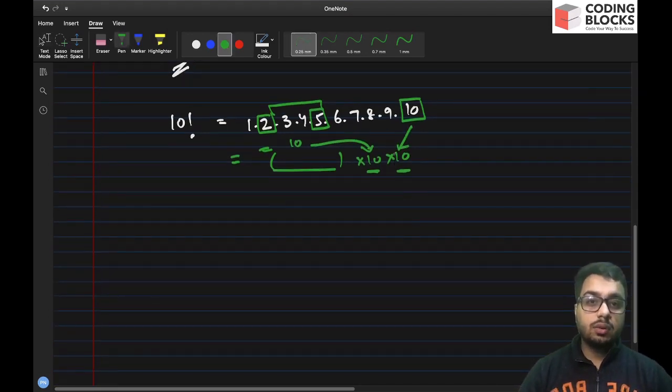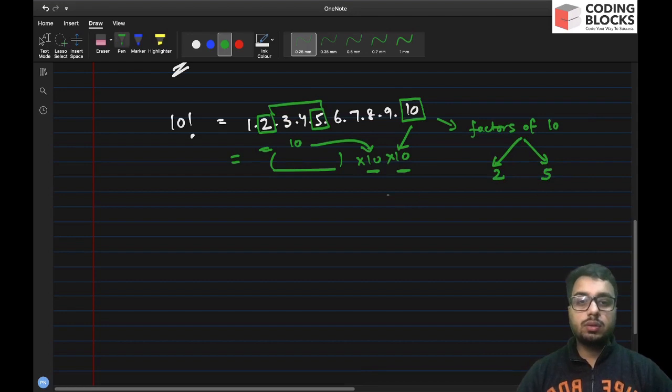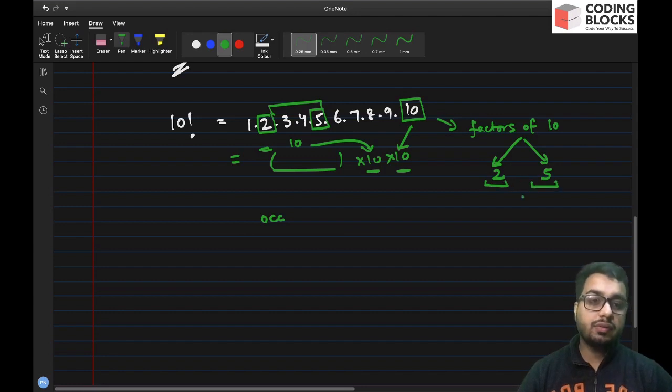So we are interested in finding the number of times factors of 10 are coming. The factors of 10 are 2 and 5. We can combine one 2 with one 5 to make a 10, and we also know that occurrences of 2 will be much larger than occurrences of 5.